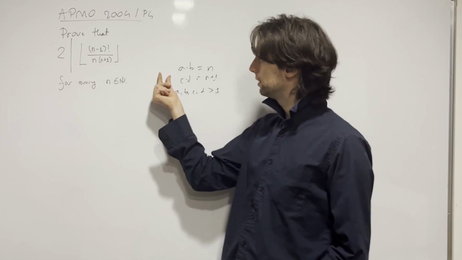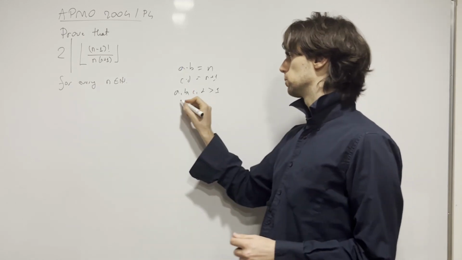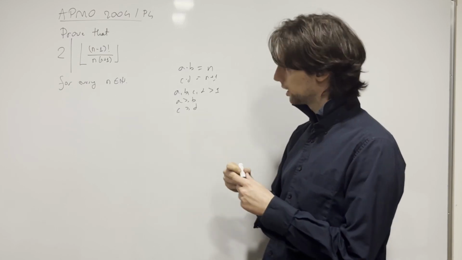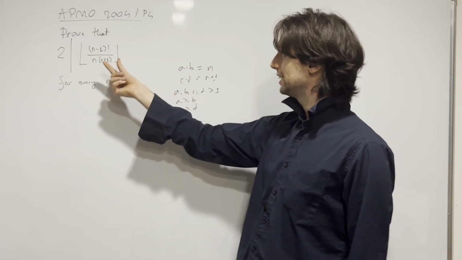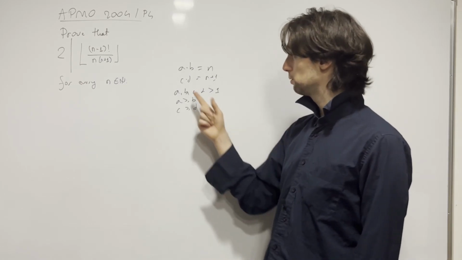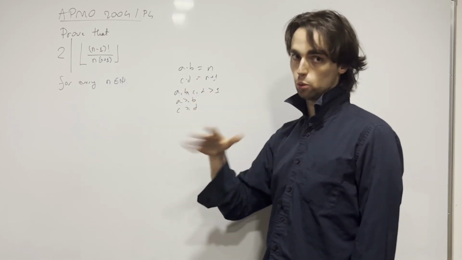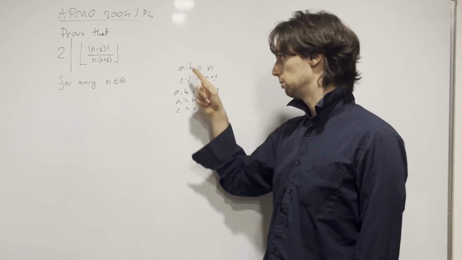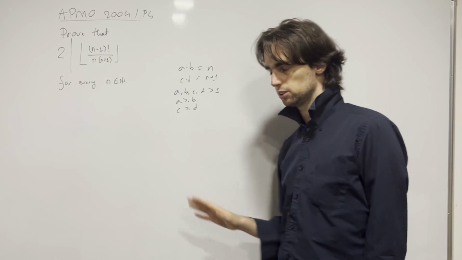And say that a is greater than or equal to b, c greater than or equal to d. Then we have that inside the first n minus 1 integers, first of all, a is relatively prime to c, and relatively prime to d, b relatively prime to c, b relatively prime to d. That's the first thing.